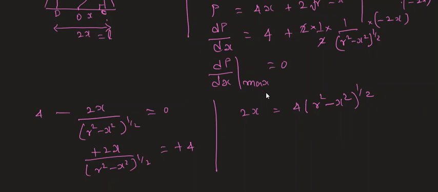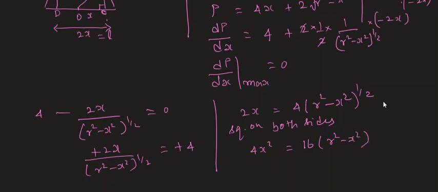Now squaring on both sides, we get 4x squared is equal to 16 into r squared minus x squared.